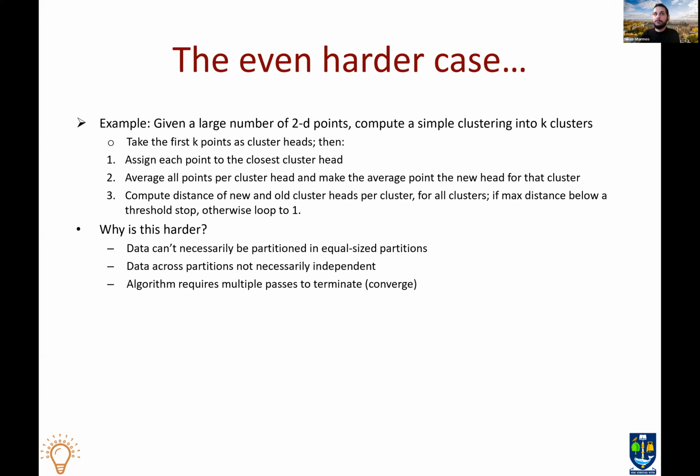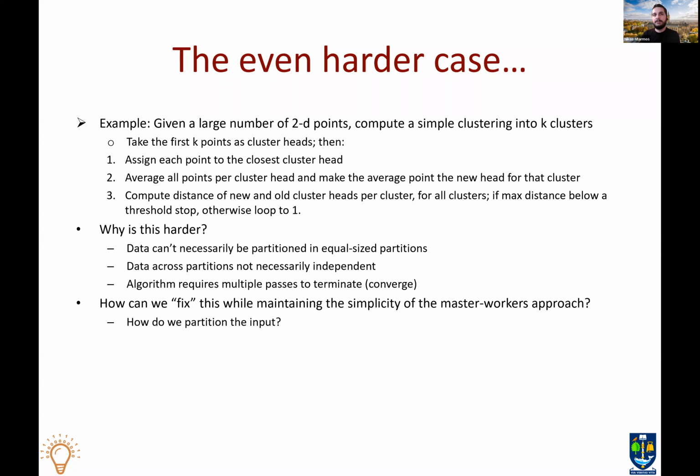So whenever we deal with big data, doing it again can become a major cost factor. We don't want to go through our data more than once if we can. Not always possible, depending on the algorithm, but if we can minimize the number of passes, then that's good for us. How can we fix this while maintaining the simplicity of the master workers approach, right?